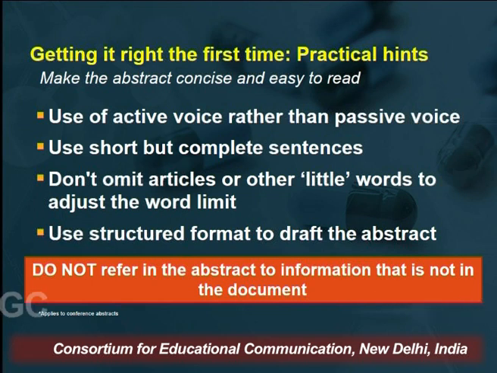Use short but complete sentences. For scientific writing, this is a general rule for each and every type of publication you are writing. The sentences should be short, but they should be complete in themselves. Don't omit articles or other little words to adjust the word limit. If the article is required, then write it.